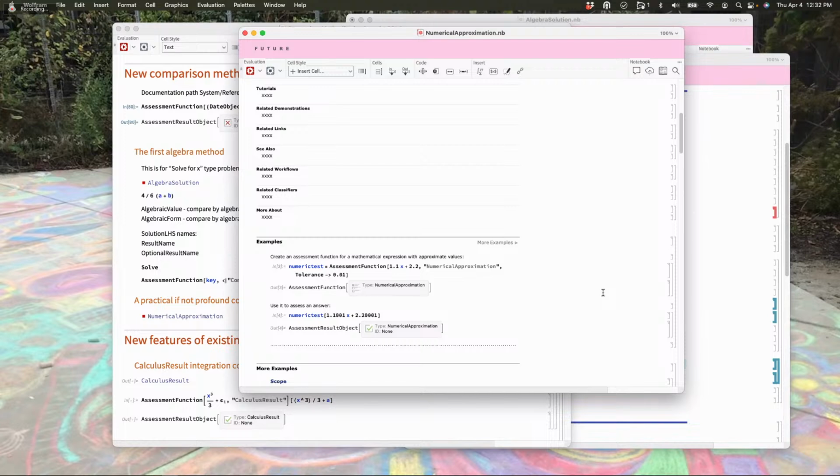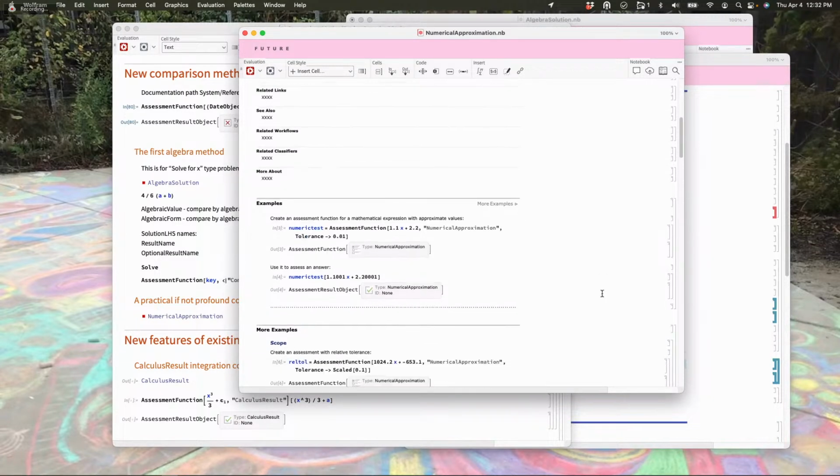There are all sorts of reasons why this is strange, but it's also very useful and very common. And I don't understand why that isn't part of algebraic value. If you want an algebraic value with numerical tolerances, why not just do that, because it is an algebraic value comparison.